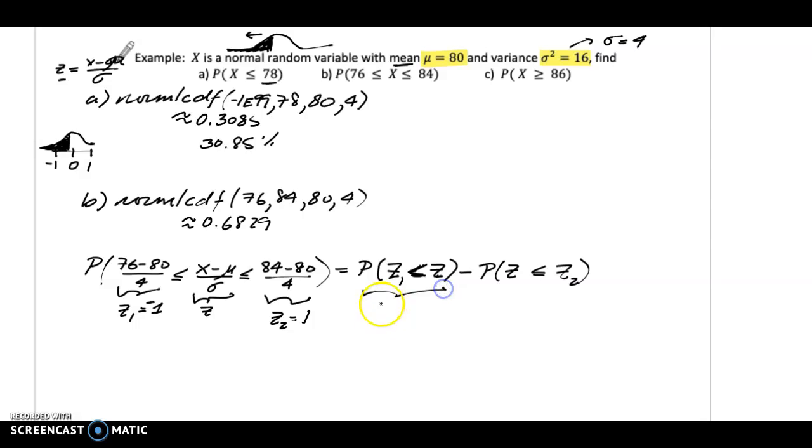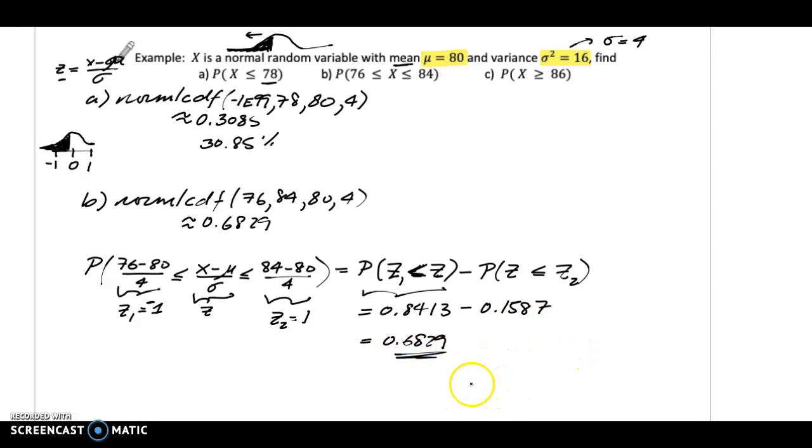Because you would get here 0.8413 minus 0.1587, and you get the exact same value. So that would equal 0.6829 basically.